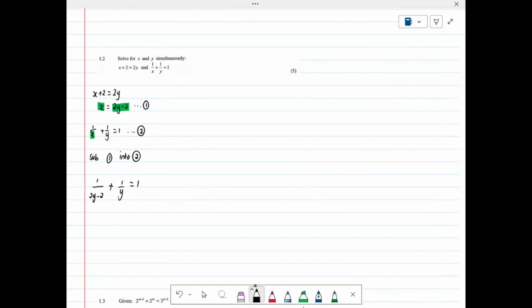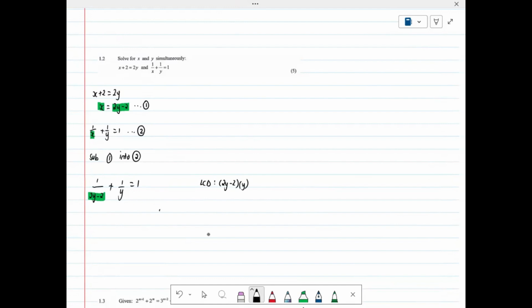So all we've done is we've replaced x with 2y minus 2. Now we'll solve this equation. So this here is an algebraic fraction, so we have to get the LCD and multiply through. The LCD in this case is 2y minus 2 times y.